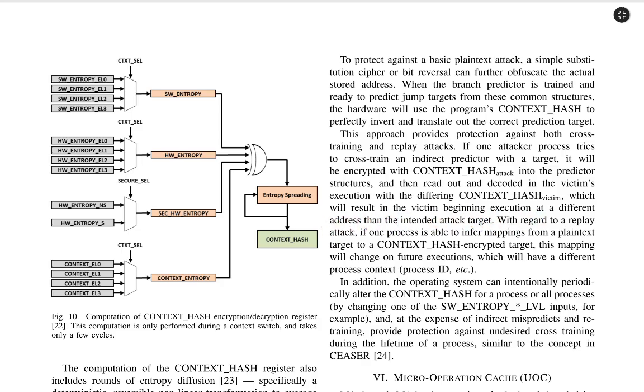With regard to the replay attack, if one process is able to infer the mapping from the plain text target to the context hash encrypted target, this mapping will change on future execution, which will have a different process context, process ID, and so on.